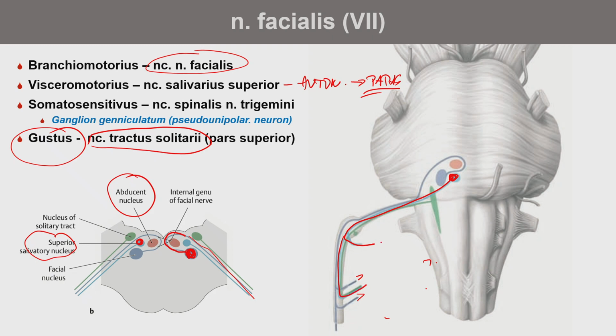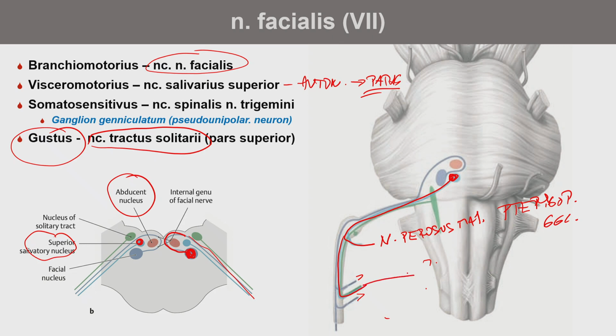This branch forms the nervus petrosus major, or major petrosal nerve, which supplies parasympathetic preganglionic fibers to the pterygopalatine ganglion.